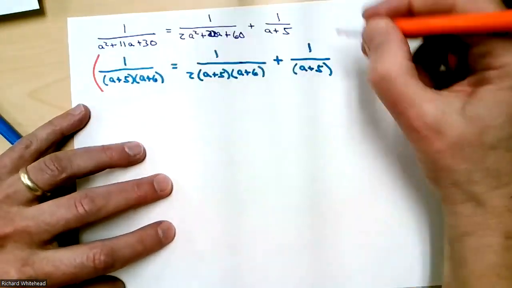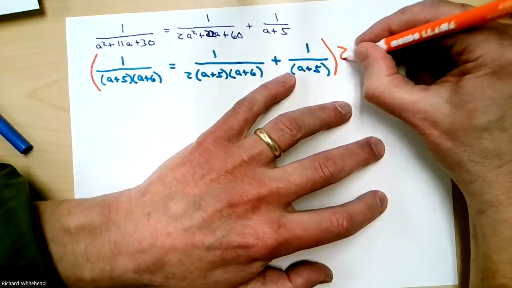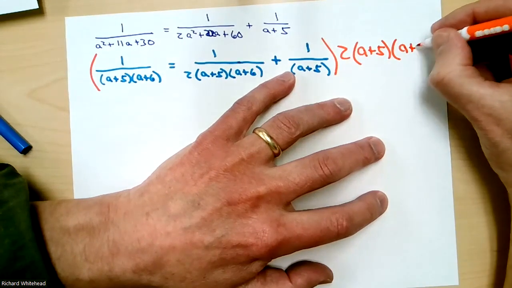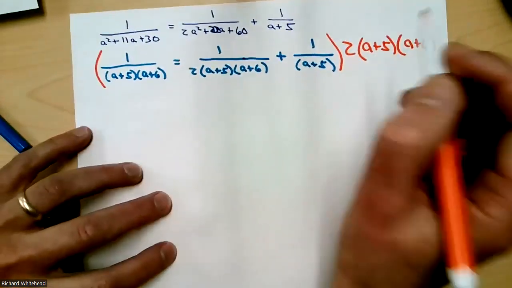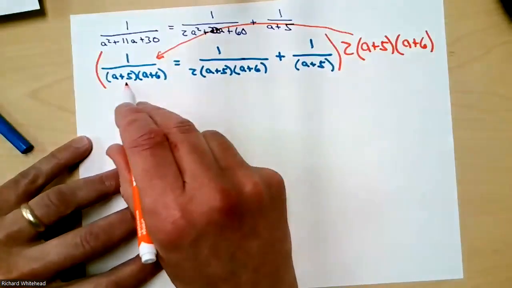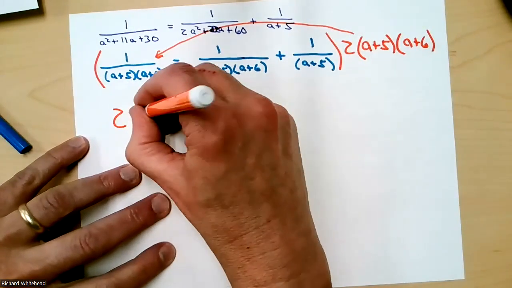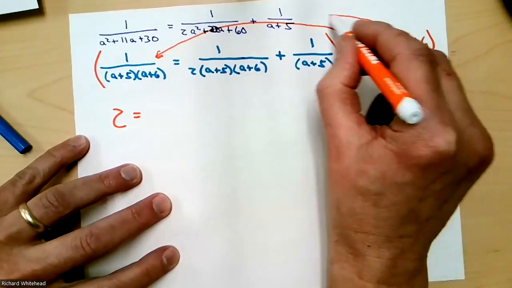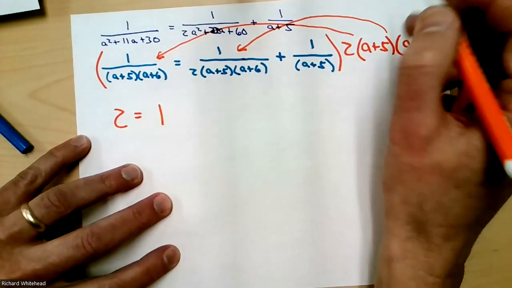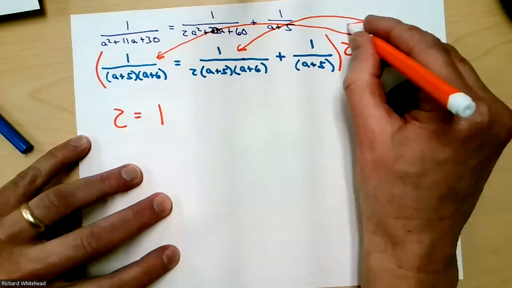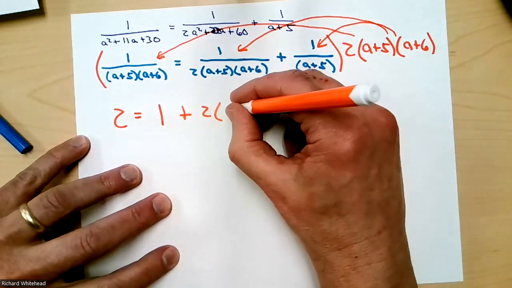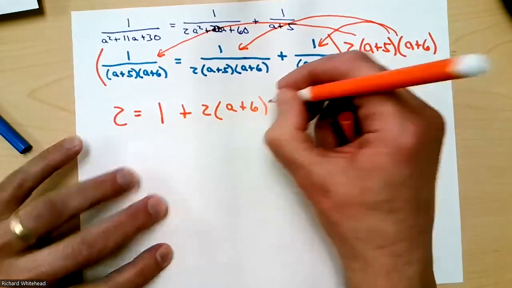So unfortunately, my LCD is going to be 2, a plus 5, a plus 6. Okay. So if I take this LCD and multiply it by this guy, everything cancels except the 2. If I take the LCD and multiply it by this guy, everything cancels, so the only thing left is the 1. If I take the LCD and multiply by this guy, the a plus 5 cancels, so the 2 and the a plus 6 are left over.